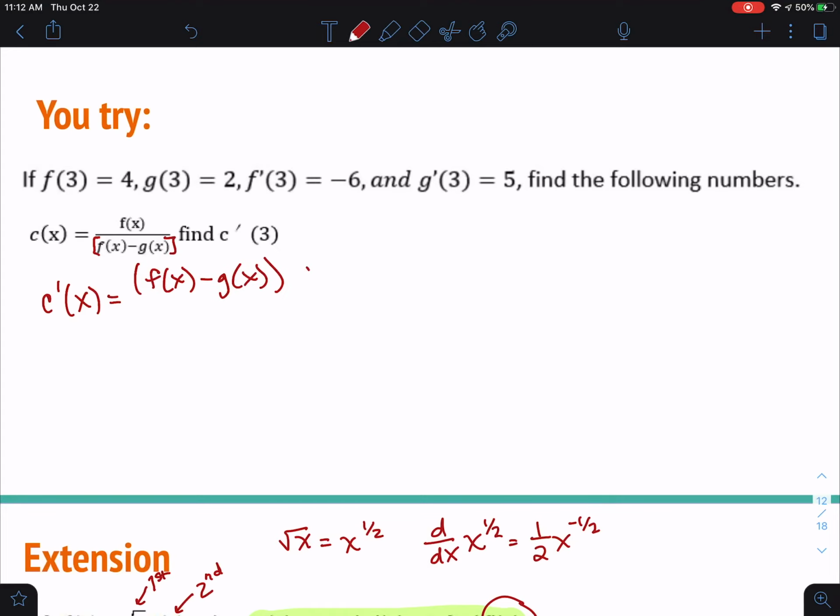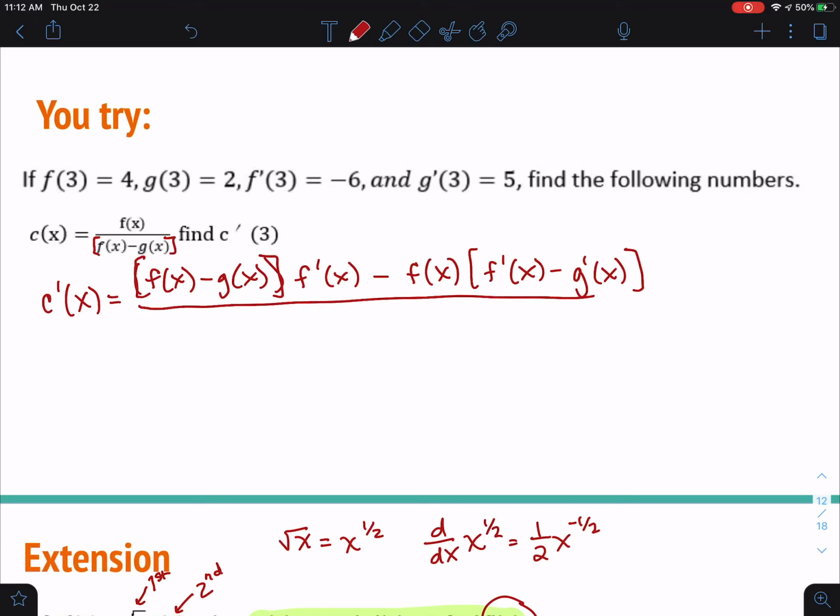And then the derivative of the high is going to be f prime of x, minus high times the derivative of that low, which is going to be f prime of x minus g prime of x. And here, it is kind of nice to use brackets just so you can differentiate between your sets of parentheses, over the low function squared.